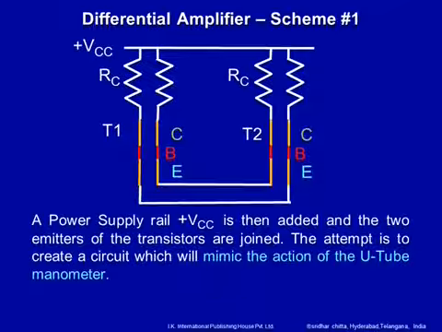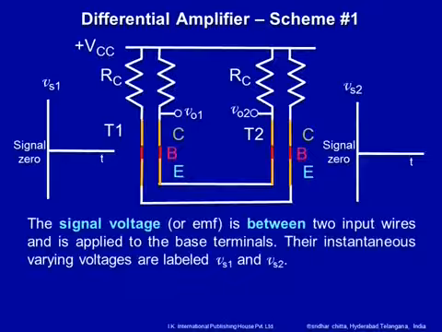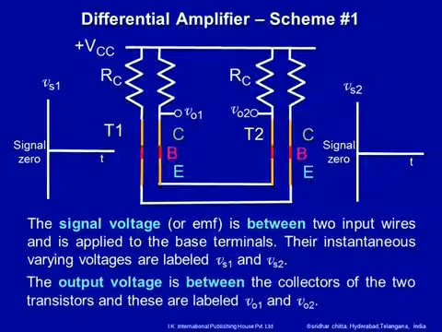The attempt is to create a circuit which will mimic the action of the U-Tube Manometer. The signal voltage or EMF is between two input wires and is applied to the base terminals. Their instantaneous varying voltages are labeled Vs1 and Vs2. The output voltage is between the collectors of the two transistors, and these are labeled VO1 and VO2.